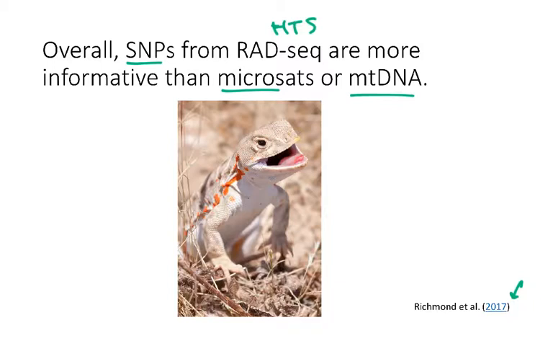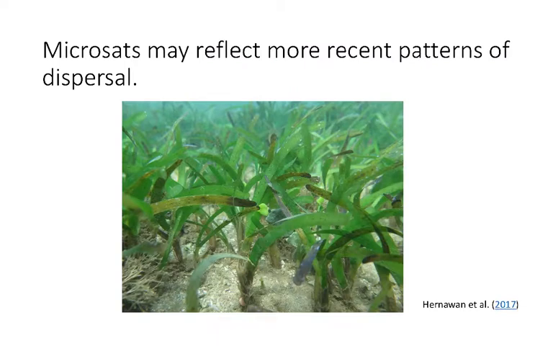There are also several other examples directly comparing different types of markers in your textbook if you're interested in more examples. So overall, SNPs seem to be better, but there is also some evidence that indicates if we're interested specifically in recent patterns of dispersal, microsatellites might be better.